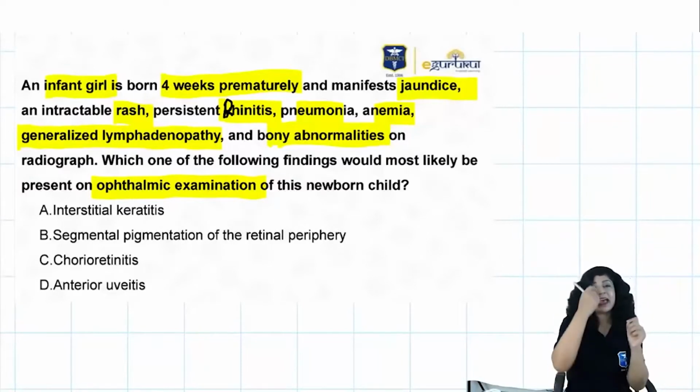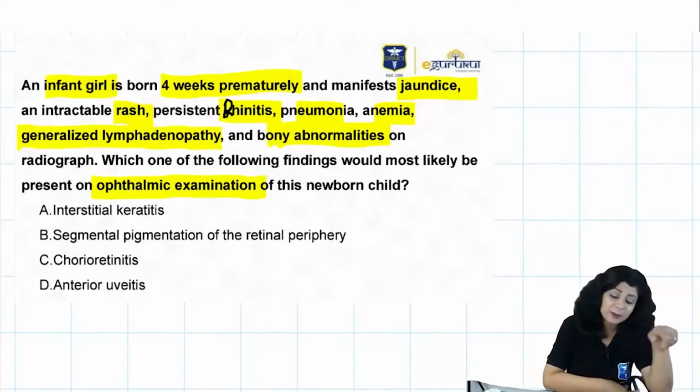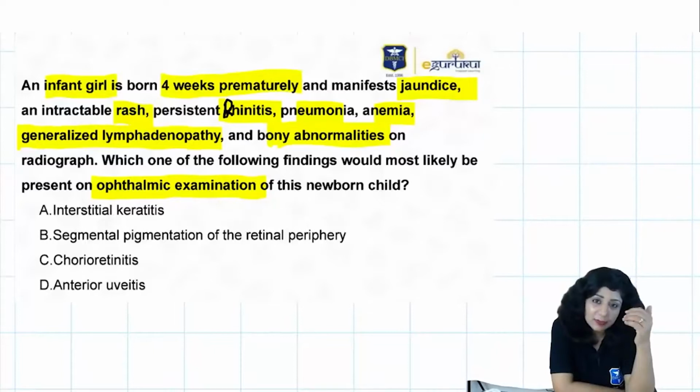We also have the lymphadenopathy, and we have the bony abnormalities also. So what should be the diagnosis? They are asking what will be the ophthalmic examination of this child. This child can come with interstitial keratitis or segmental pigmentation of the periphery, chorioretinitis, or anterior uveitis.